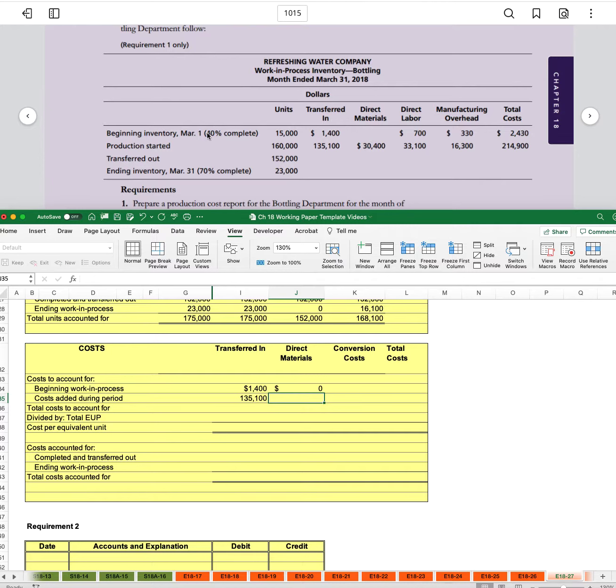So if those were only 40% complete, no materials should have been added. So that makes perfect sense. 30,400 were costs added during the period. For conversion costs, they gave us direct labor and manufacturing overhead separately, so we just need to add those together. So 700 plus 330 gives us 1030, and I accidentally did it in the wrong row.